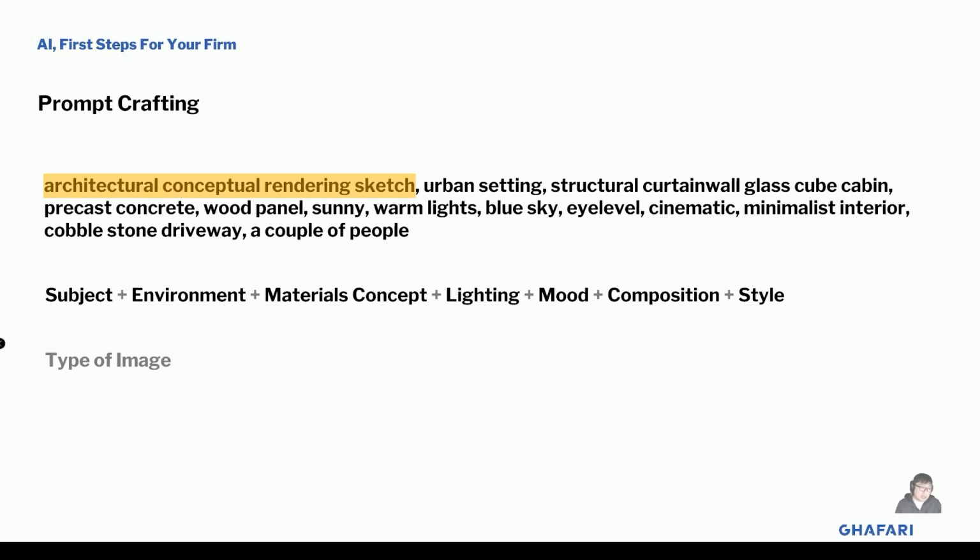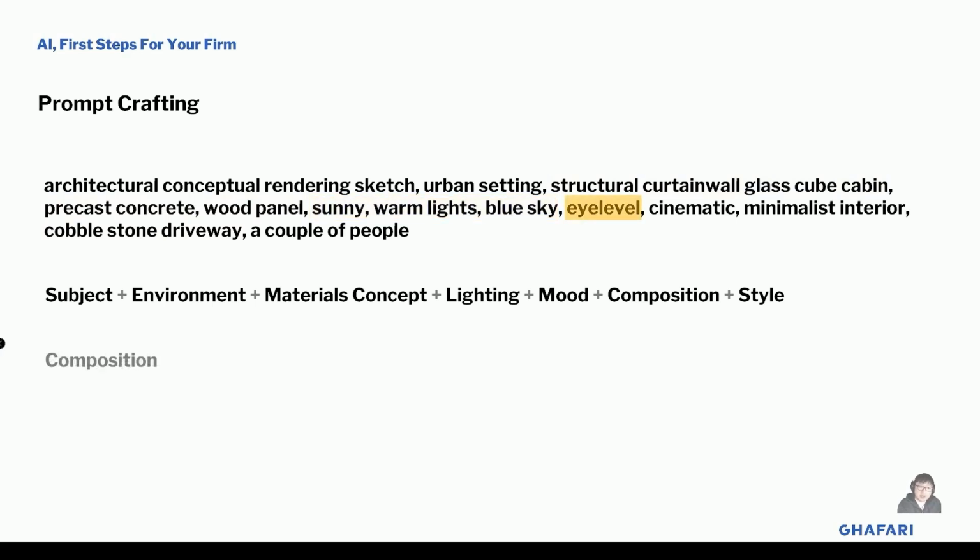In this example, I have architectural conceptual rendering sketch as the type of image, and I have urban setting, blue sky, couple of people as environment elements, and I have structural curtain wall glass cube cabin, precast concrete, wood panel, cobblestone driveway as material concept and subject matter, and sunny, warm lights, blue sky as adding mood and lighting.